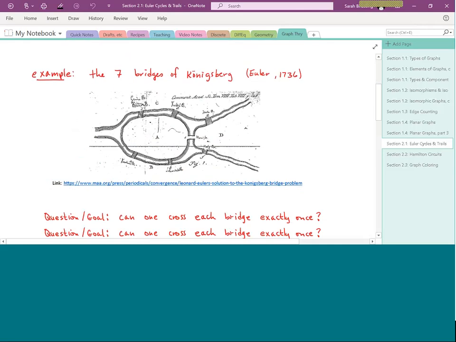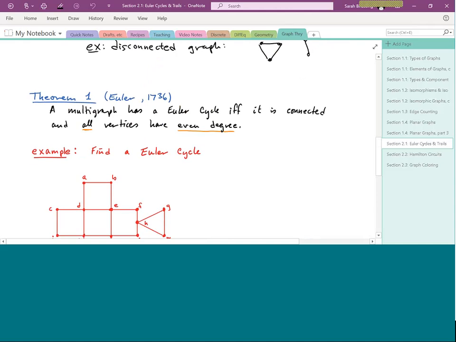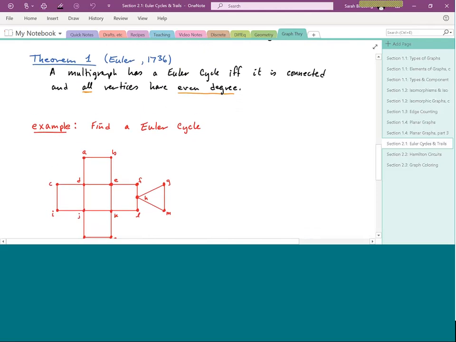All right, we looked at the quintessential example last time, but the main result here is Theorem 1, which says if you have a multigraph, it is going to have an Euler cycle if and only if, or exactly when, this is the condition of when you can tell if the Euler cycle exists, first the graph is connected. We talked about why that was true last time, because if the graph wasn't connected, there's no way that you could actually reach all your edges.